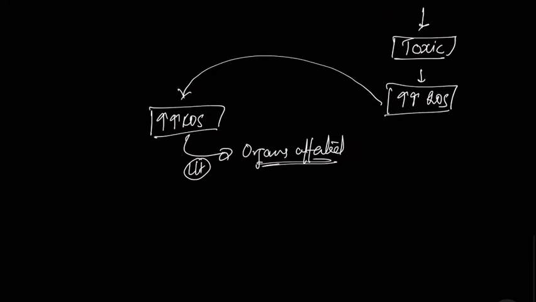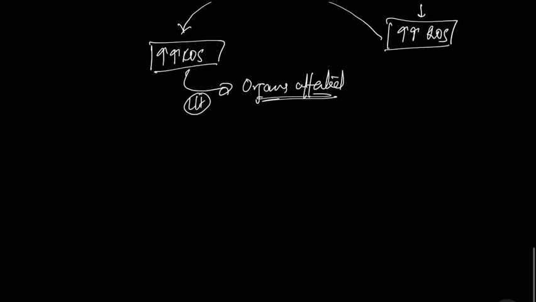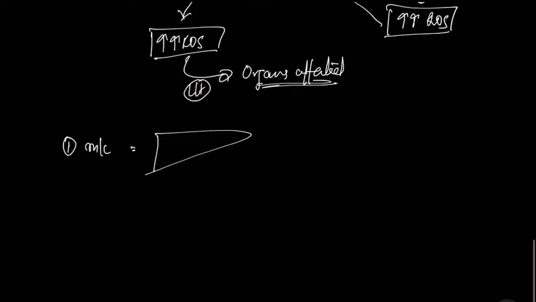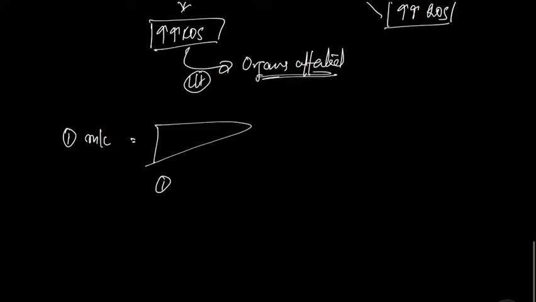Now let's study what are the organs getting affected and how are they getting affected. All right. So the most common organ that is affected is your liver. All right. So let's see what are the changes that we see in your liver. So the first change we see is your hepatic failure. All right.